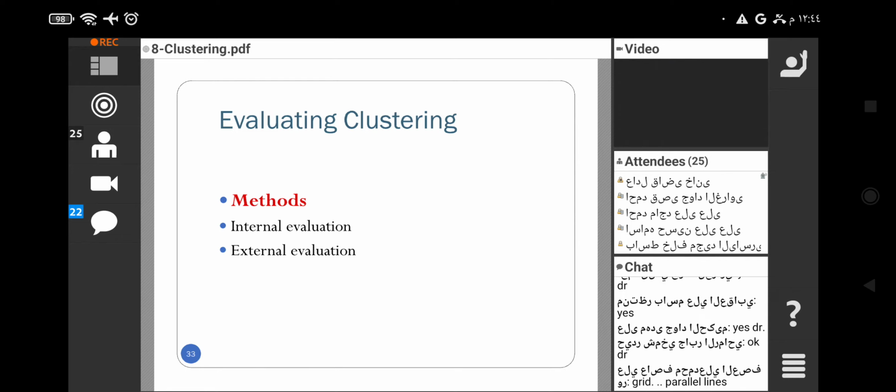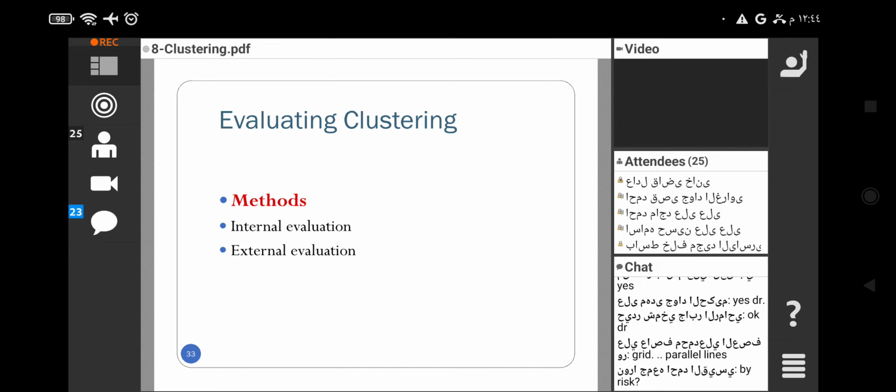Did I tell you how to compute the formula of accuracy?